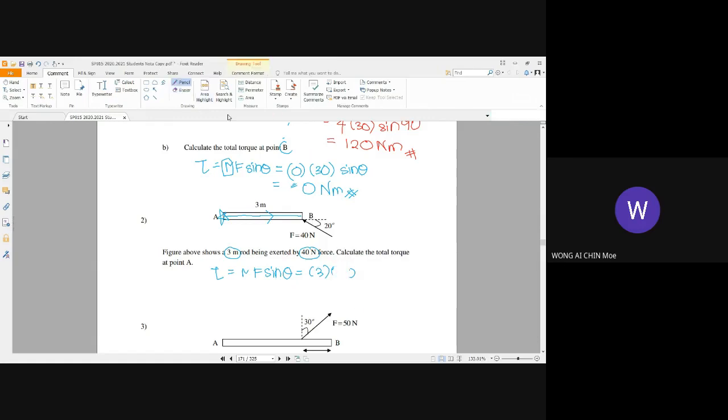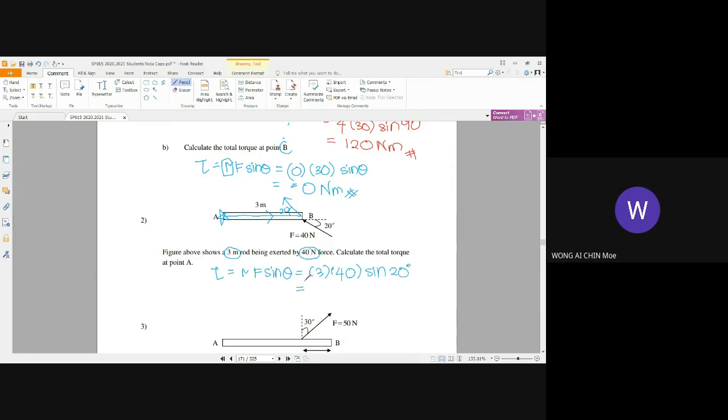Sine, the angle must be between the radius and the force acting. So the angle is 20 degree.